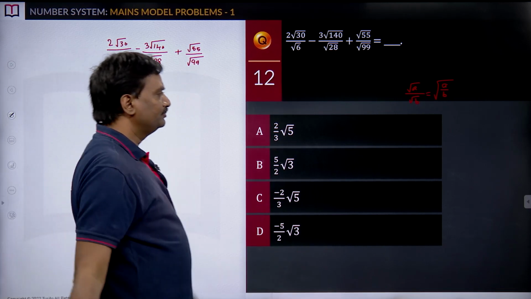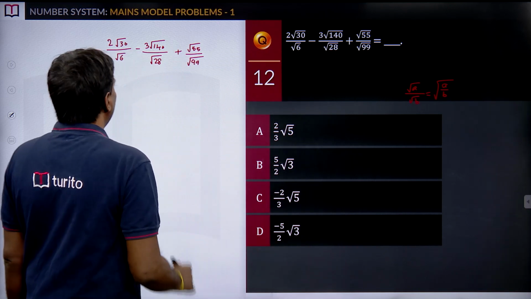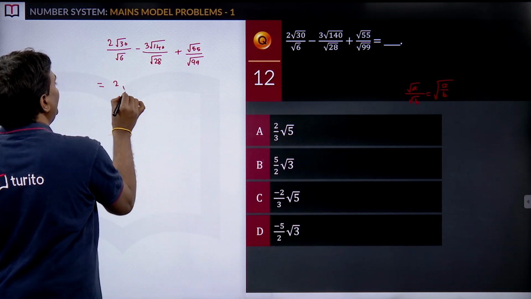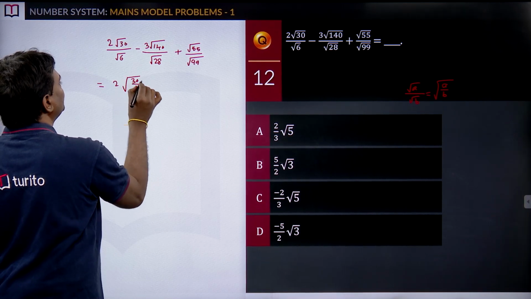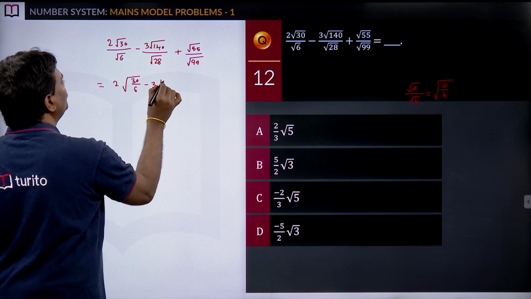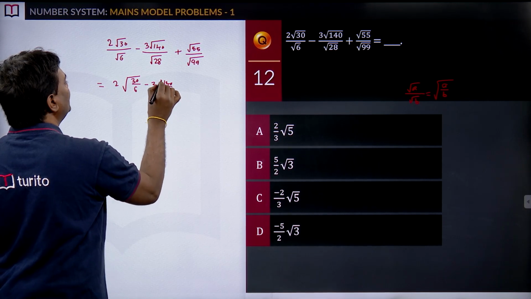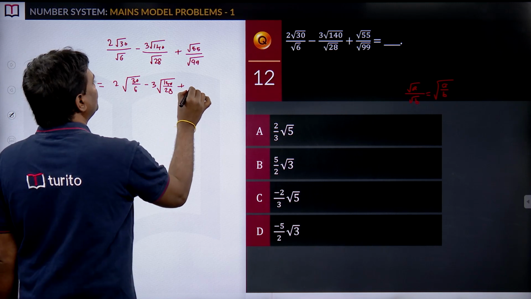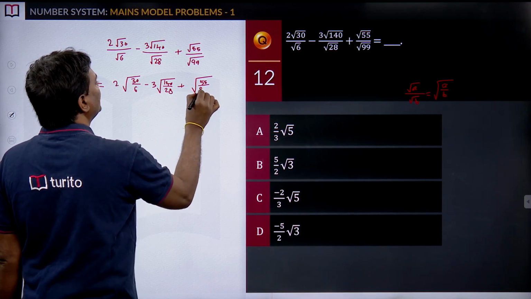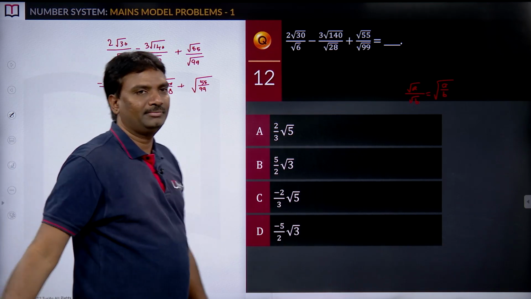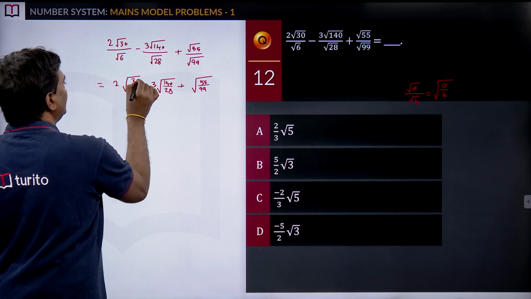So, according to this law, root A by root B, we can write root A by B. So, 2 into square root of 30 by 6 minus 3 into square root of 140 by 28 plus square root of 55 by 99. Okay. So, from this you will get 6 5s are 30.